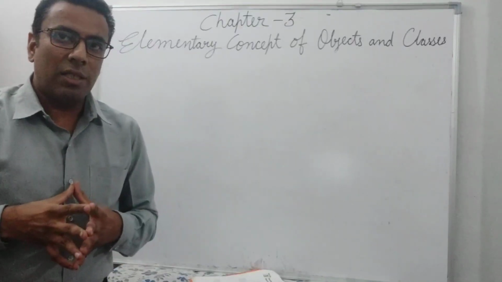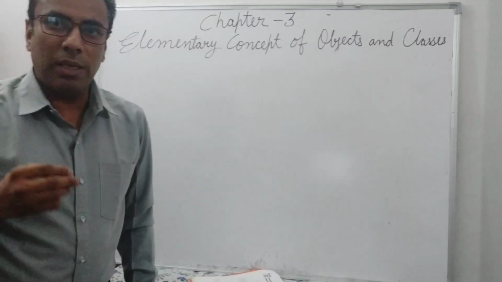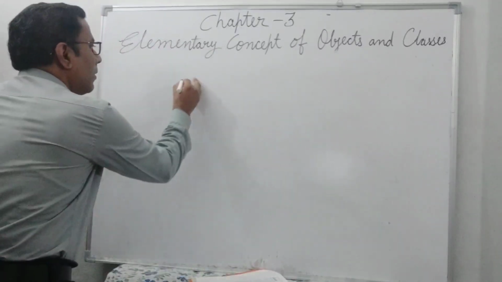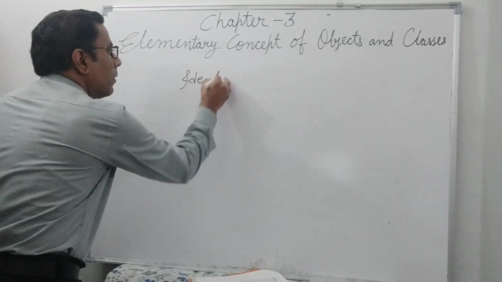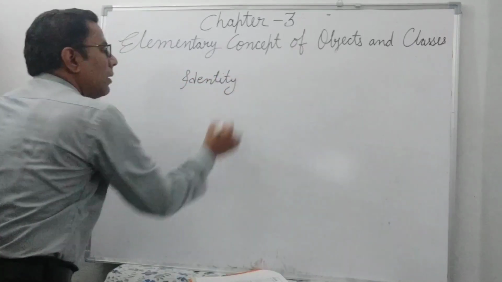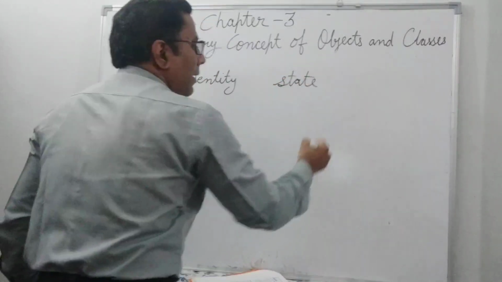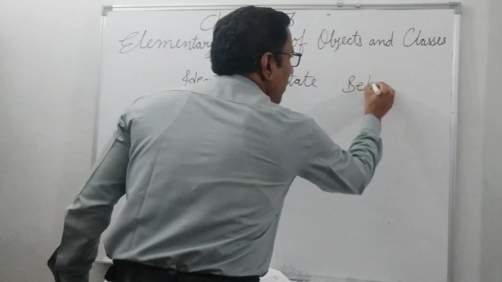An object consists of three things. First is identity, second is state, and third is behavior.